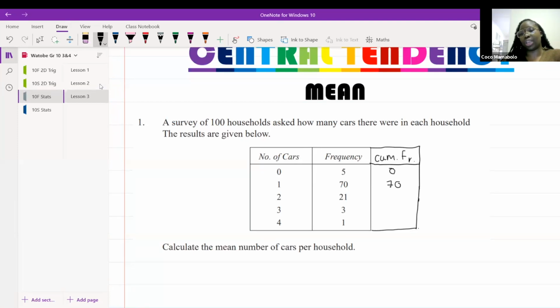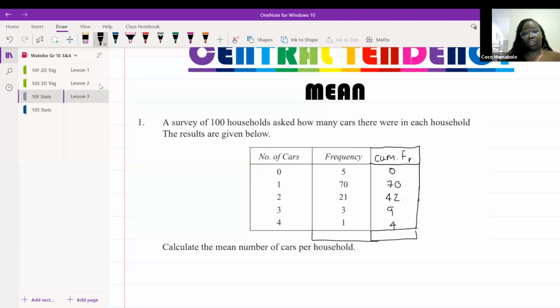And then 2 times 21 will give us a 42. Excellent. And 3 times 3 will give us a 9. Excellent. And 4 times 1 will give us 4. Beautiful.